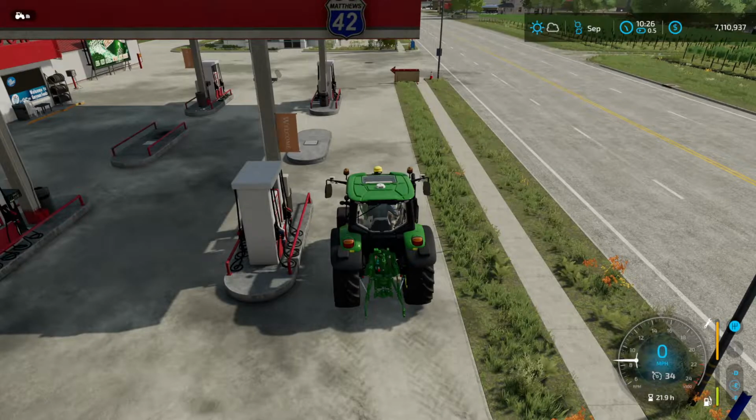So you can see our tank is down, and let's refuel. $124, let's call it $125 because they probably rounded down, but sure enough that ties in. So the base game price per liter for everything is $1.